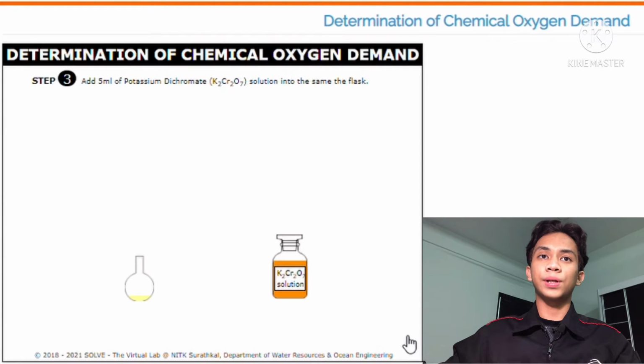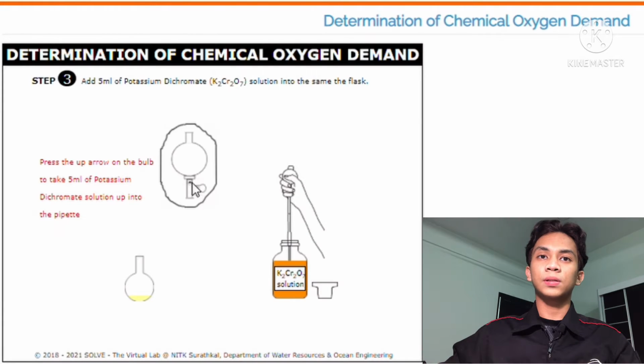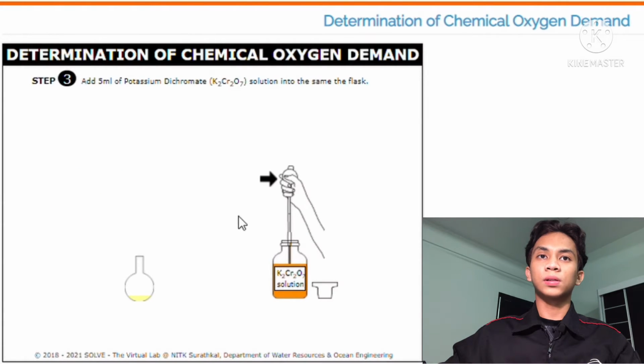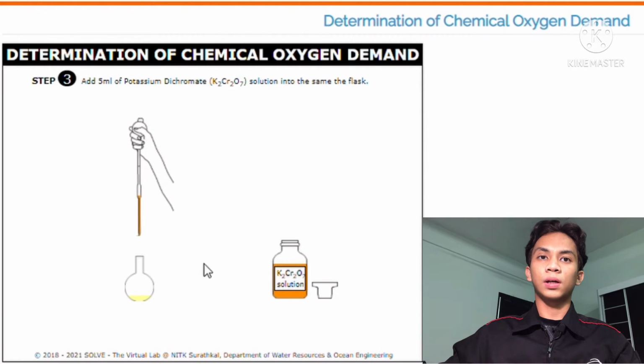Next, step 3. Add 5 ml of potassium dichromate solution into the same flask. Again, use the pipette to transfer the potassium dichromate into the flask.